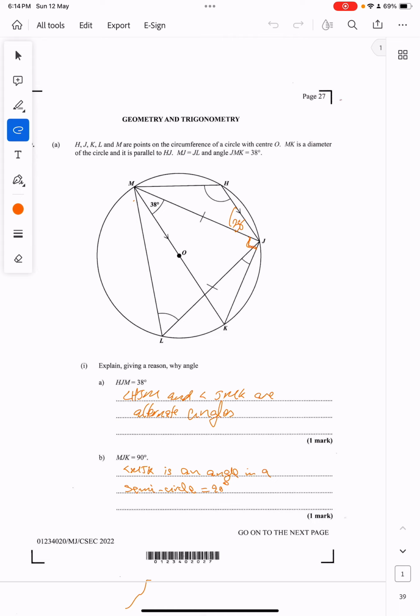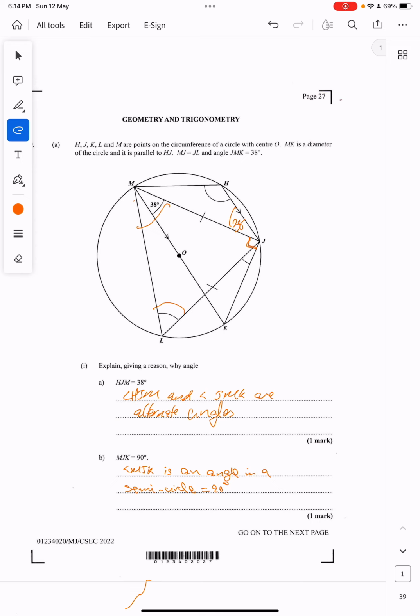So we have this angle and this angle being equal here.